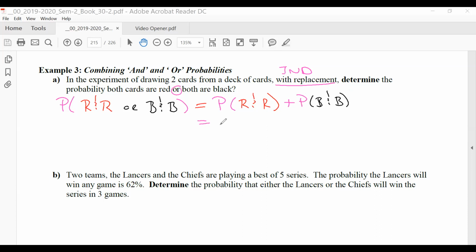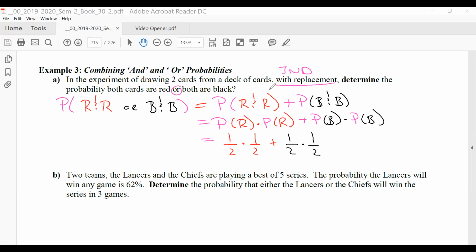But then because they're independent, I can now do this. Probability of red and the probability of red plus the probability of black and the probability of black, which is equal to, well, the probability I get a red card at any given time is a half times a half, plus the probability I get a black card at any time is a half times a half.